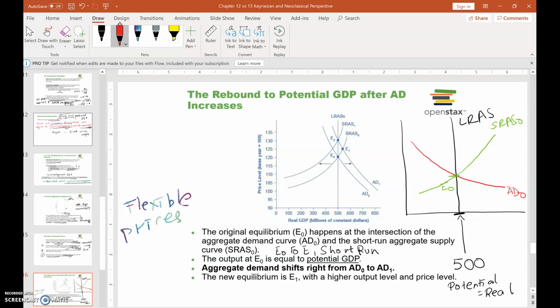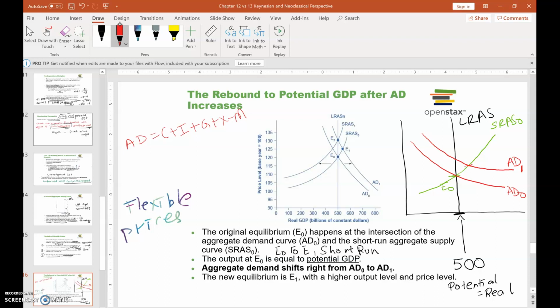Now, let's say something happened that has shifted the aggregate demand curve to the right. By something we mean any of the components of aggregate demand increasing. If any of these increases, the aggregate demand curve will shift to the right.